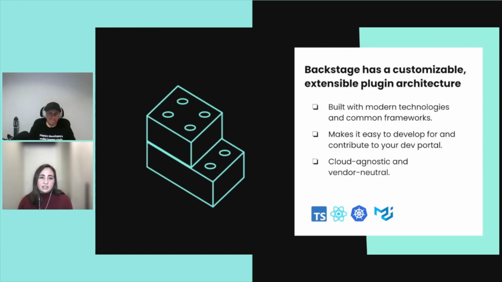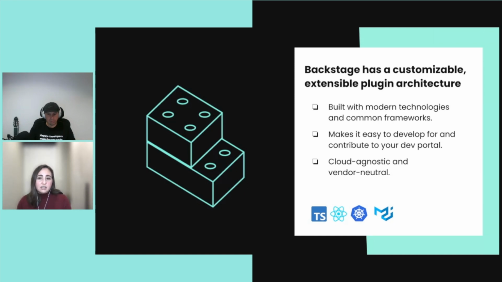And then plugins. Plugins are also straight out of the box. And this is the biggest part of the Backstage ecosystem. So plugins are what makes it powerful, and largely because there's such an extensive plugin architecture. And anyone and everyone can make a plugin. So your company or people on your team can make plugins internally, but you can also pull from external plugins that have already been made in the plugin marketplace.